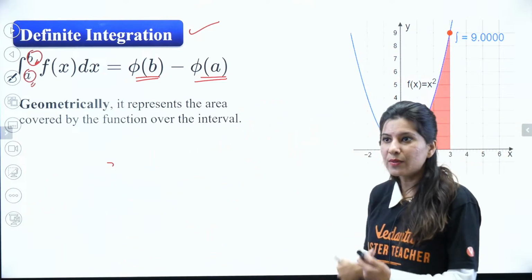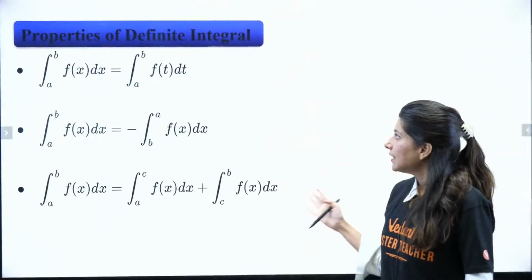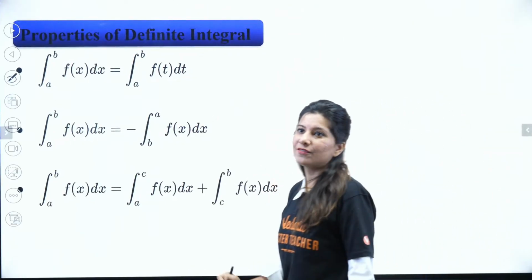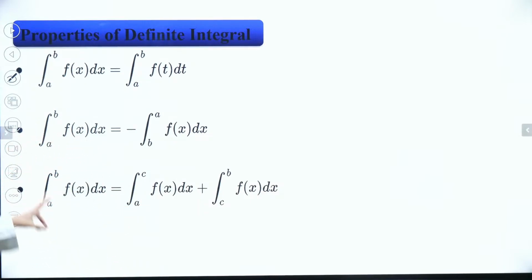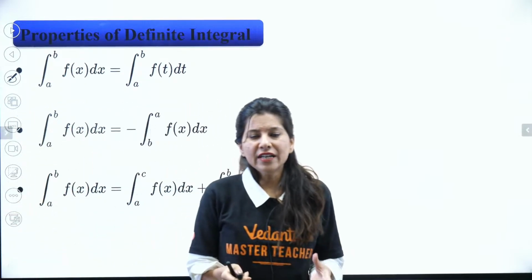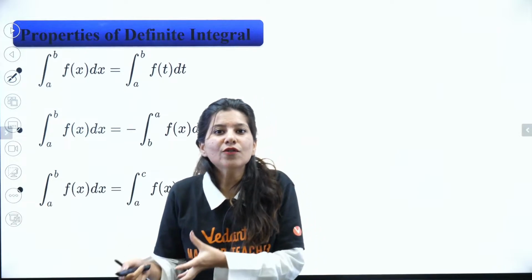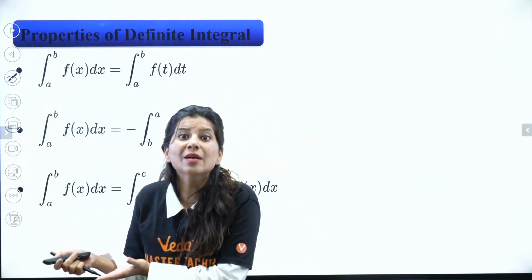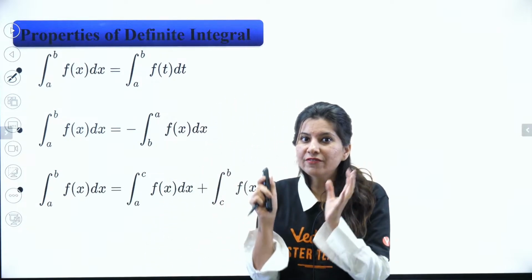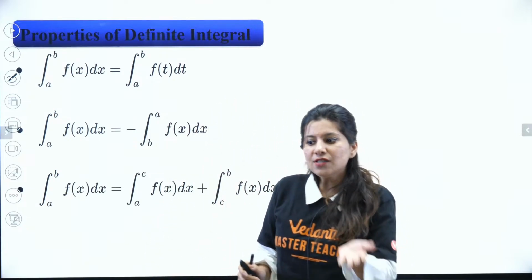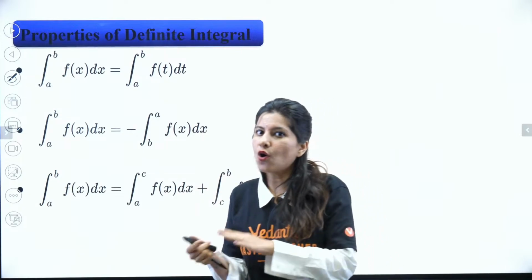Once we apply, this will be more clearer. Okay. Let's just go through all the properties of definite integration now, one by one, very basic property. The very first property says that the answer of indefinite integration is a variable thing. It depends on the variable, either x or y.